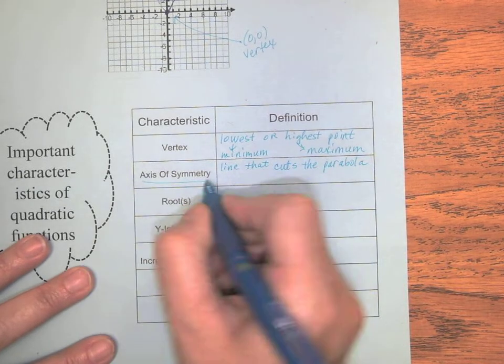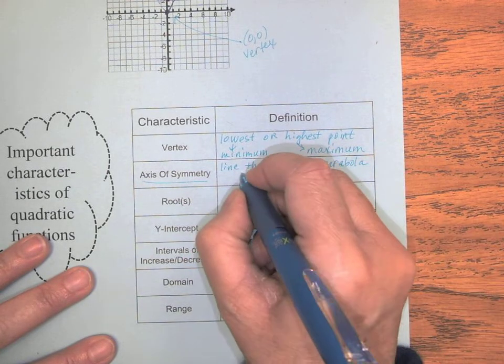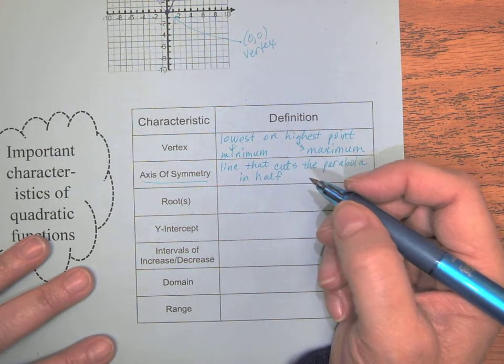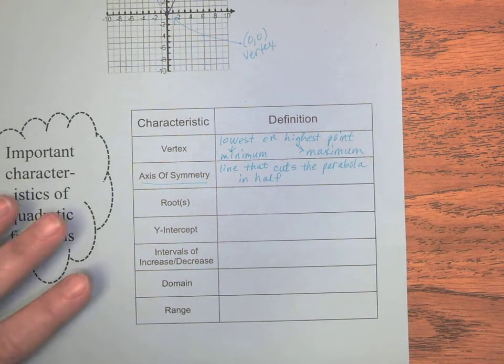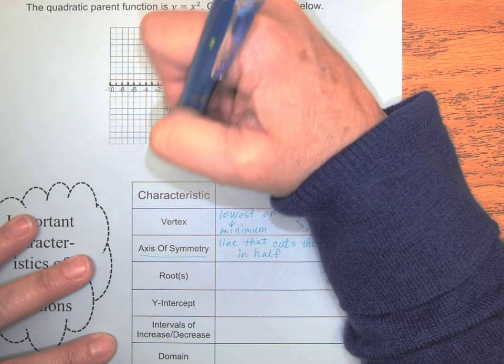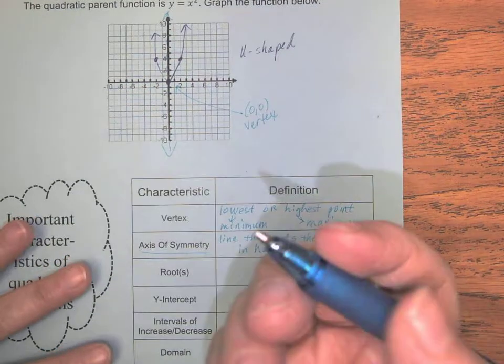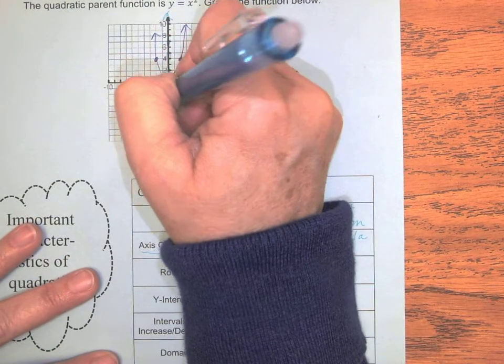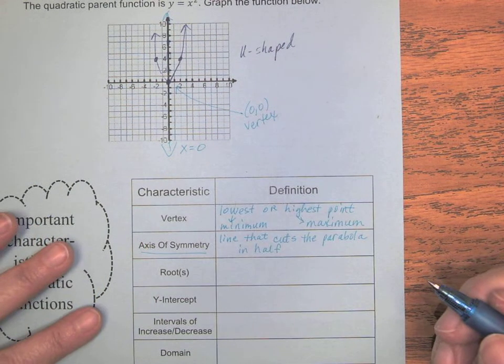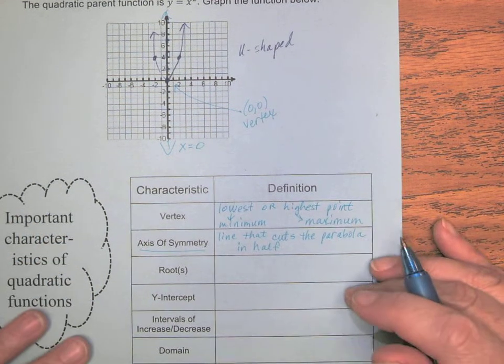So the axis of symmetry is your line that cuts the parabola in half. Now, since it's a line, it's got to have an equation of a line. This one's a vertical line, isn't it? And it's actually the y-axis. We draw it dashed because it's an imaginary line. This one is x equals 0. Remember how every vertical line has only an x.